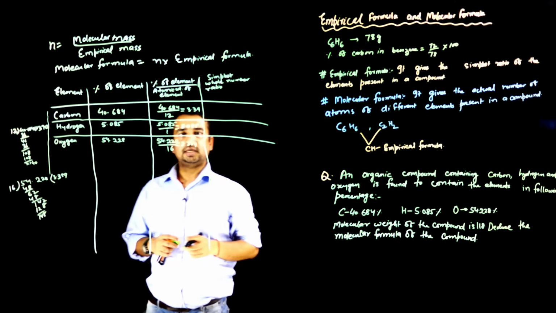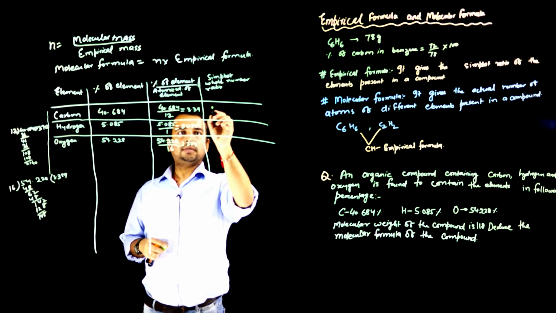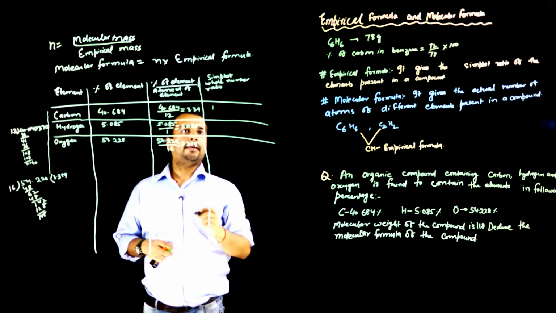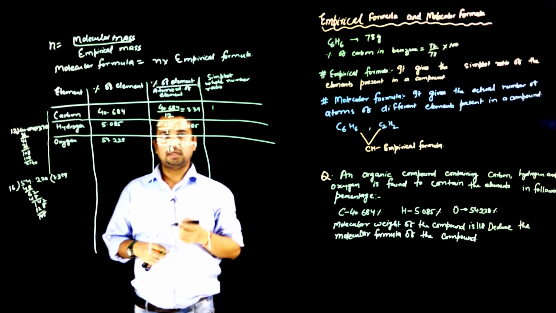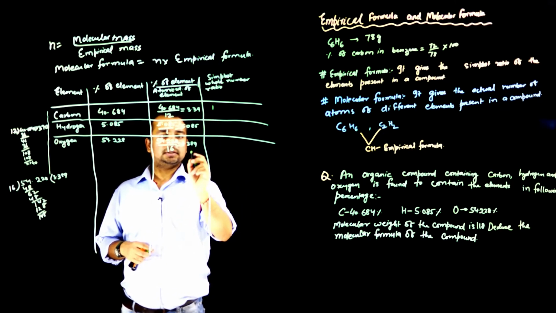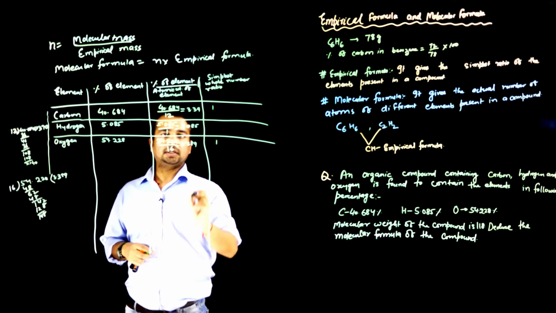So now we take the simplest ratio. We take the ratio and then convert it into the simplest whole number ratio. So 3.39 divided by 3.39 is 1 for carbon, and 1 for oxygen as well.